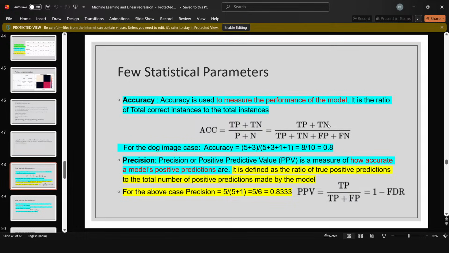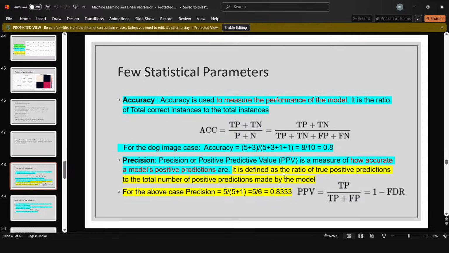True negative is when it is actually negative and you also correctly predict it to be negative. So the numerator consists of TP and TN, the correctly predicted ones, and the denominator consists of all the values. So accuracy is very easy. For this image, 5 plus 3. If you see the previous example, you will have a better idea.